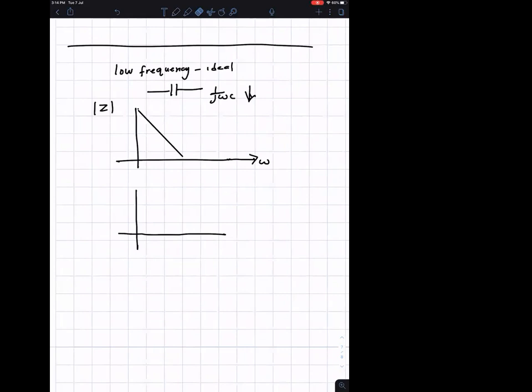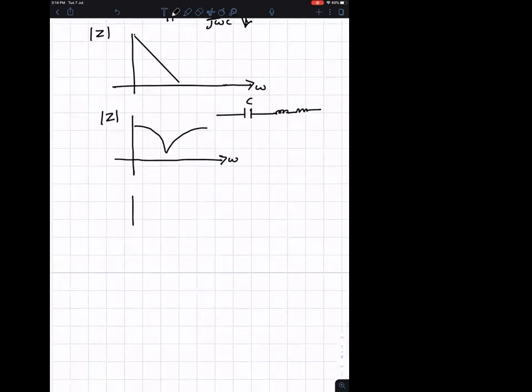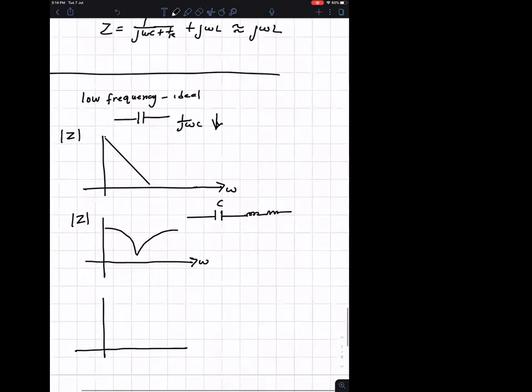The simplified model for a capacitor has some lead inductance and resistance. So it's going to be something like this. The frequency, the impedance response. Okay, so still for the inductor, these are for high frequencies.